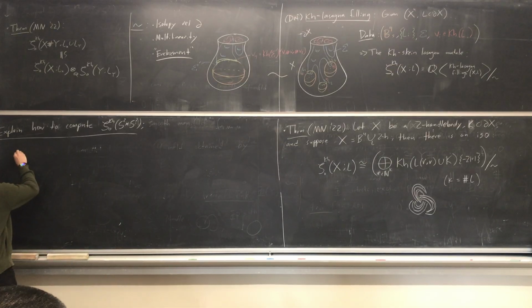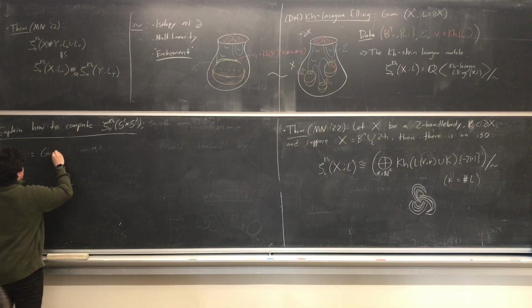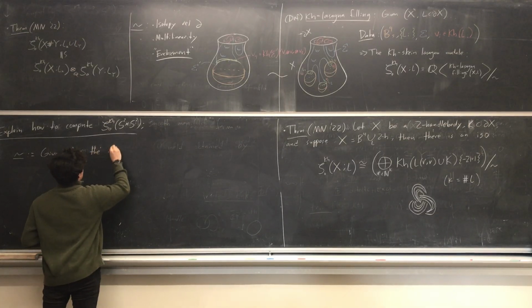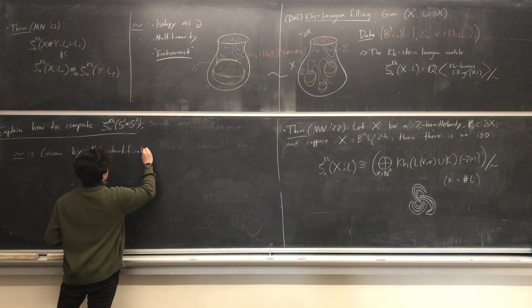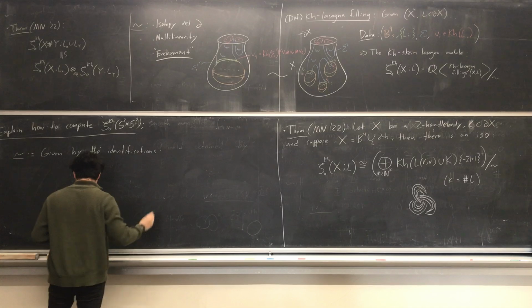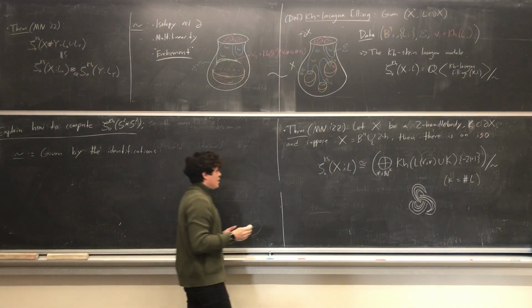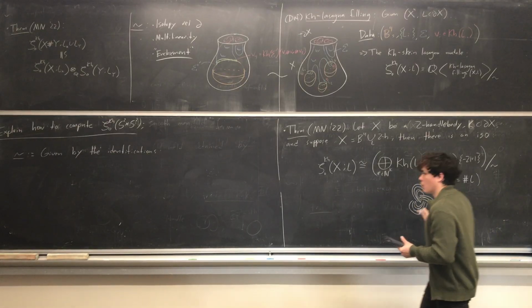Okay, so this equivalence relation is given by the following identifications. There are two cobordism maps that we're interested in when it comes to cables.